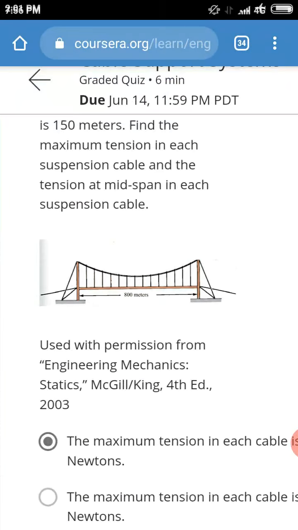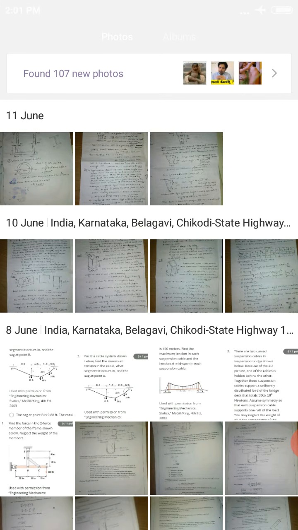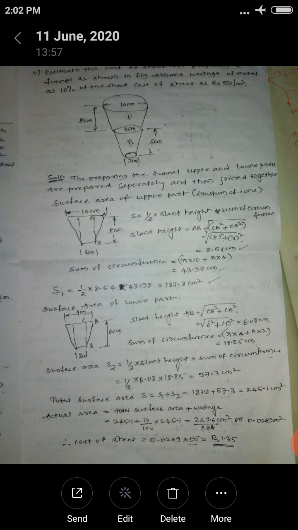The surface area of the upper part, that is the frustum of the cone, S is equal to 1 by 2 into slant height into sum of the circumferences. The slant height AB is the square root of AB square plus CA square, that is 8 square plus 3 square, that is 8.54 centimeter.